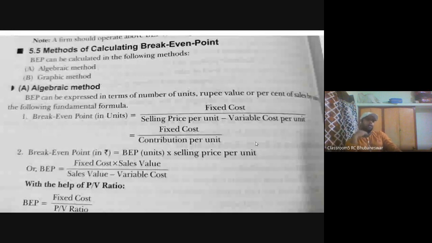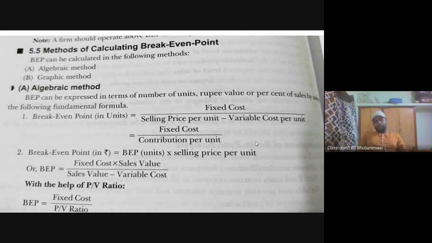Okay. Next, here one formula is given for break-even analysis. Then what is break-even analysis? You have to first know what it is. Break-even point means this is a point where the company neither earns profit nor suffers any losses.